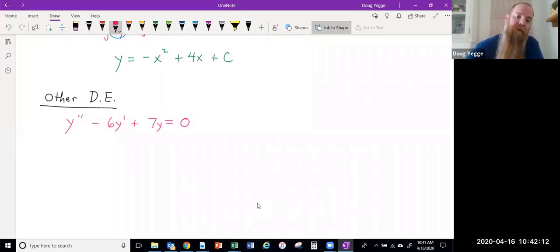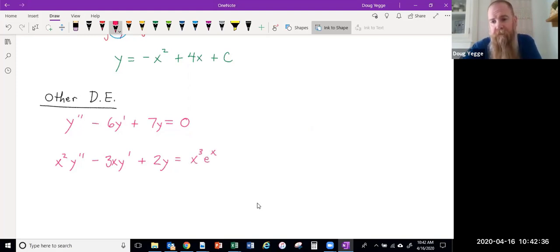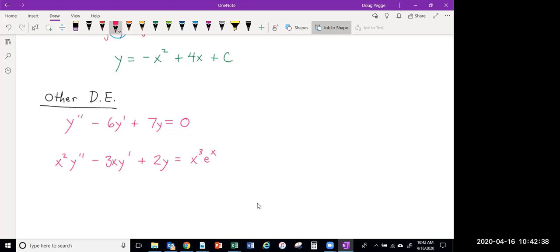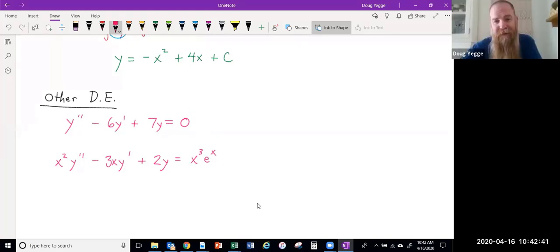Okay. How about another one? How about x squared y double prime minus 3xy prime plus 2y is equal to x cubed e to the x. That's a fun one to just pull out of your head. Yeah, thank you. This one right here is just basically saying, hey, let's take some function.